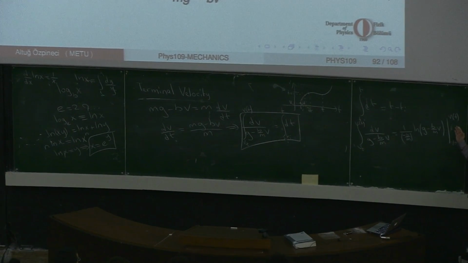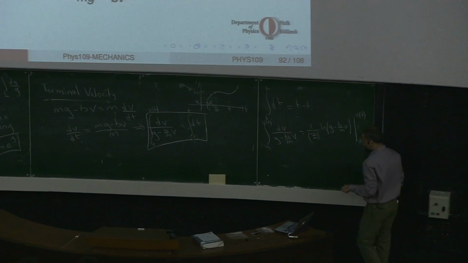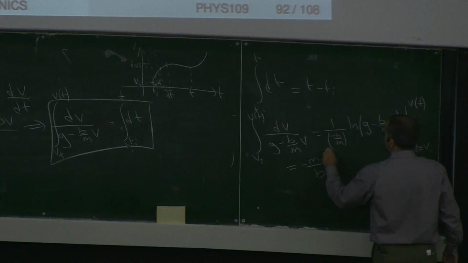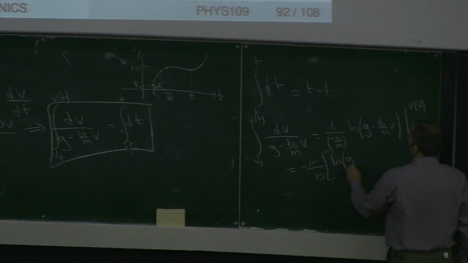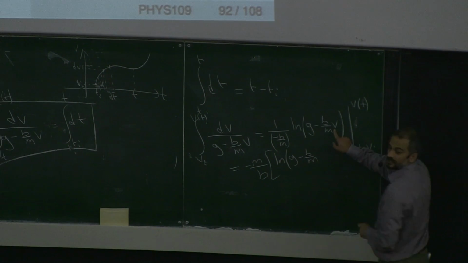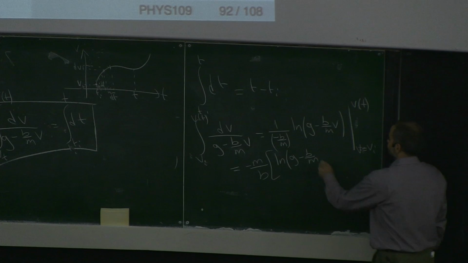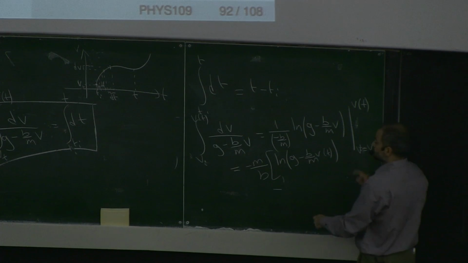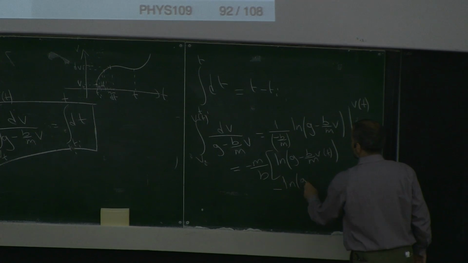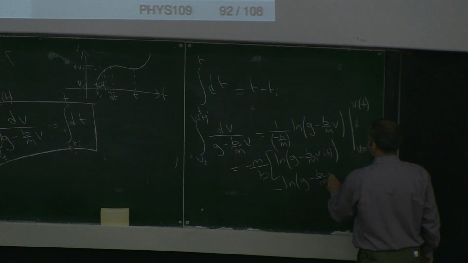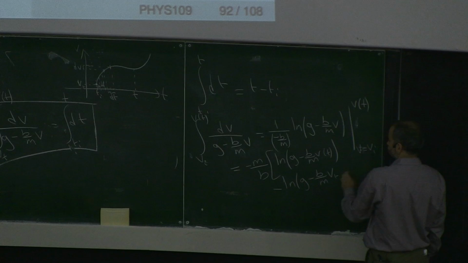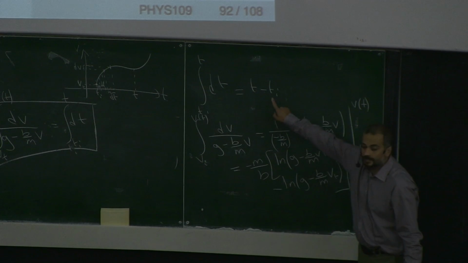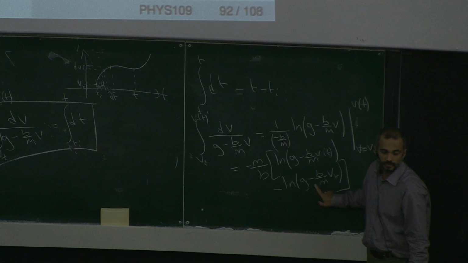Well, this symbol just means that if you want to calculate that integral, this is equal to minus m over b times the logarithm of g minus b over m, first using v of t, minus the lower limit, the logarithm of g minus b over m v, where v is equal to the initial velocity. So t minus t initial should be given by this expression over here.